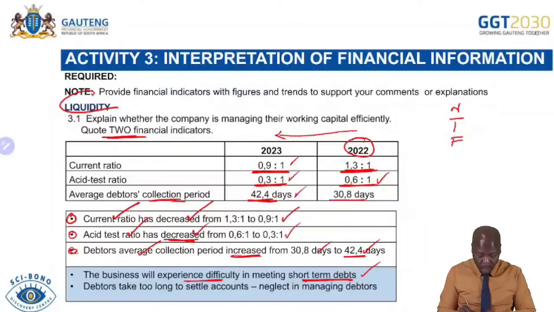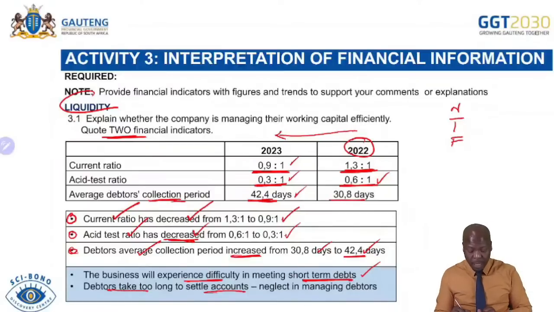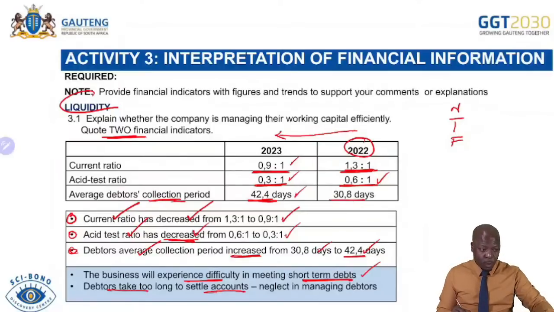Debtors are now taking longer. So you can see here on the second point that debtors are now taking too long to settle accounts, and therefore the business will have difficulty in paying its short-term debts. All right, that is question number 3.